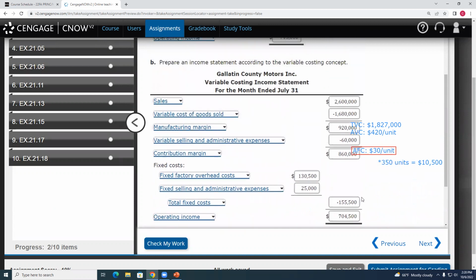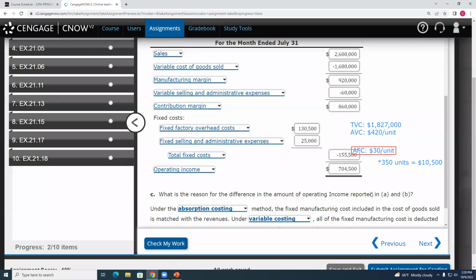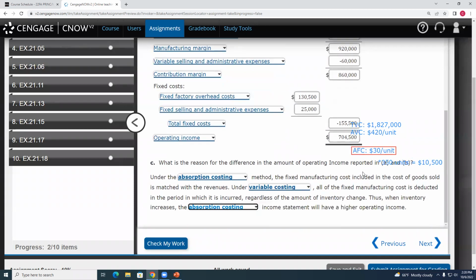And so if we evaluate management performance based on the absorption costing income statement, we're essentially rewarding them for producing inventory they didn't sell, for incurring additional cost. And just to keep in mind, the additional cost they incurred was not just the $10,500.